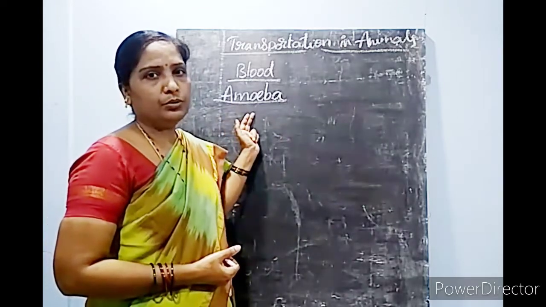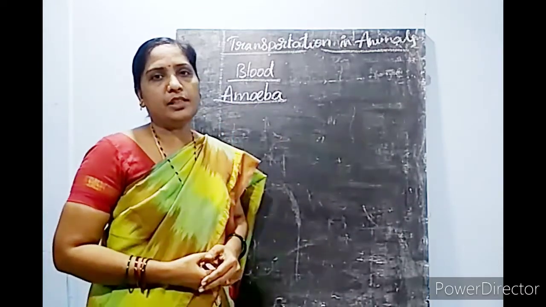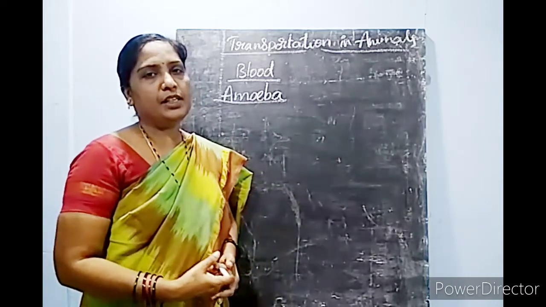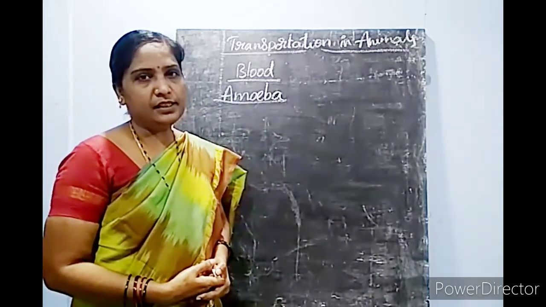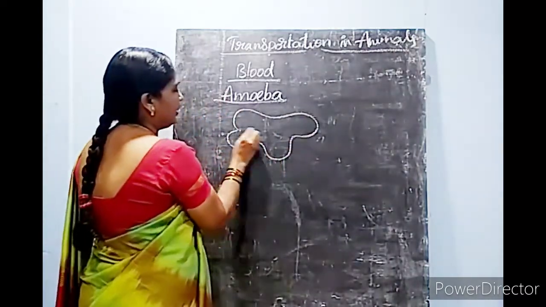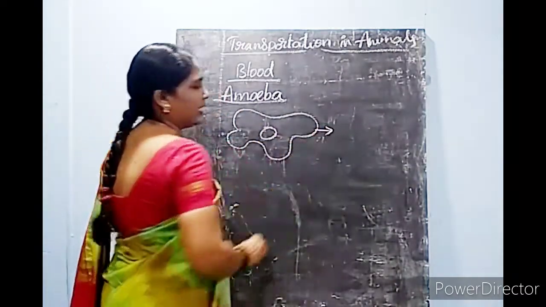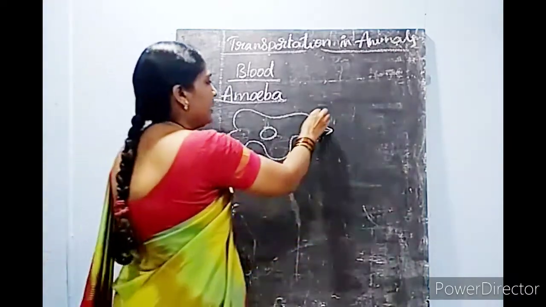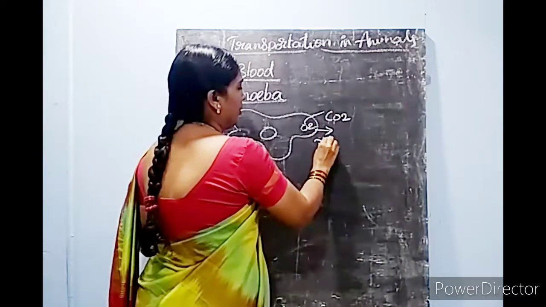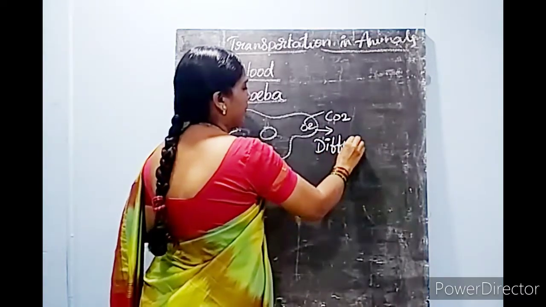Then how does amoeba respire? Last lesson we discussed already. It respires with the help of the cell membrane, and the gases are exchanged in and out by a process called diffusion.